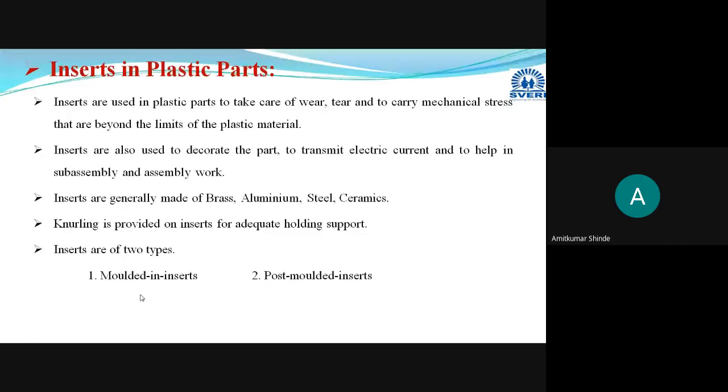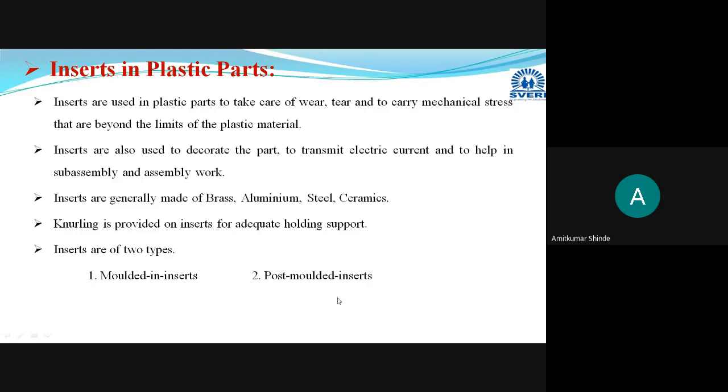That's why it is termed a molded insert.